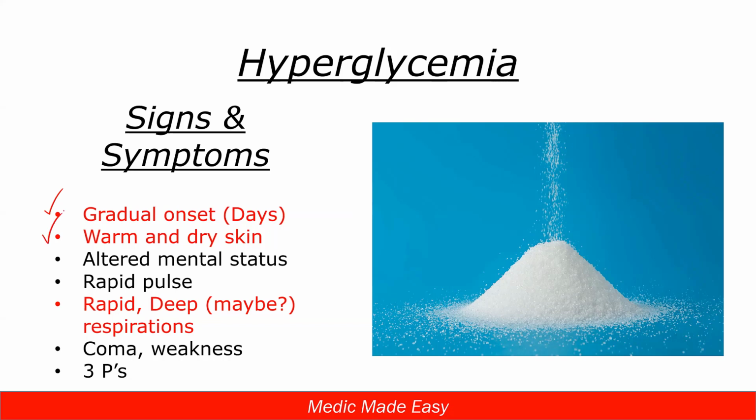Cool and clammy was low; warm and dry skin is for high blood sugar. We'll talk about why they're like that. So if it was cool and clammy, give them candy. If I see warm and dry, the sugar is high. They're hyperglycemic. Again, it's a progression, so potentially they could show up with altered mental status.